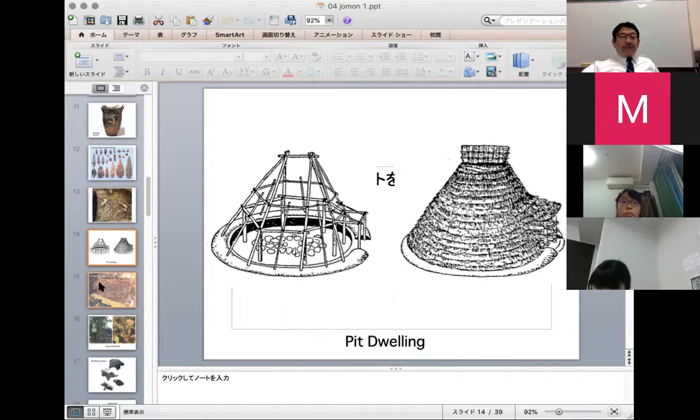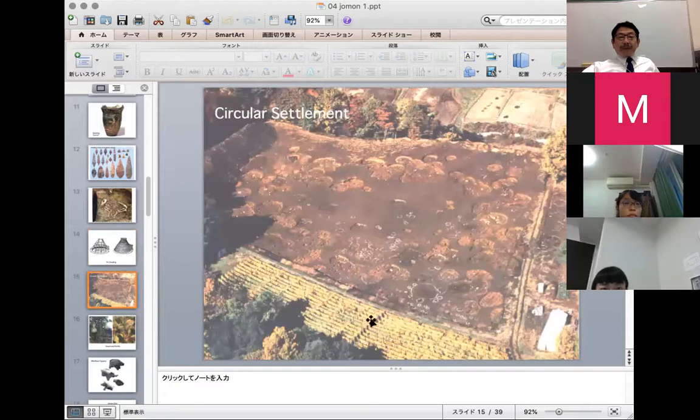And the village, as the population grew, village became larger and larger. And by the end of the early Jomon period into middle Jomon period, the population of the entire Japan reached a peak.